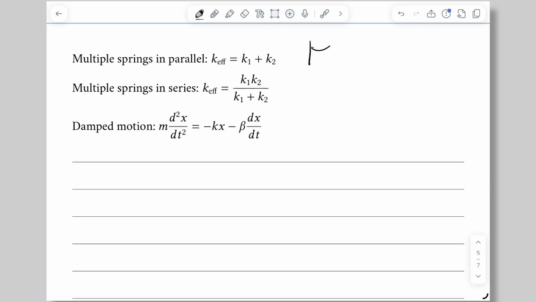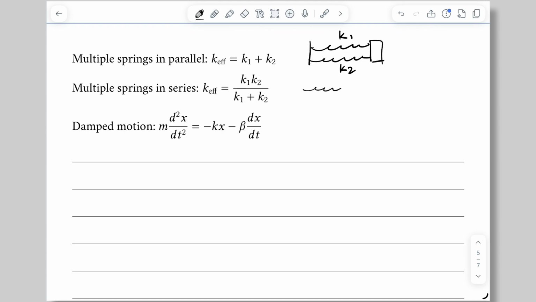In the case that we have springs in parallel attached to the same mass, with a spring constant of K1 for one spring and K2 for the other, the effective spring constant is just the sum of the two.